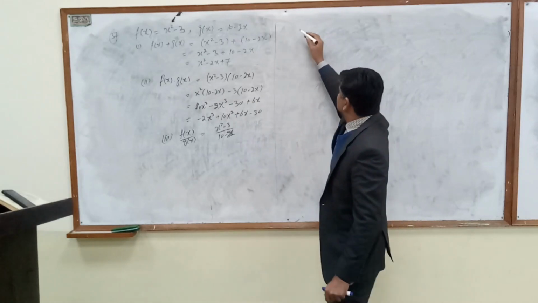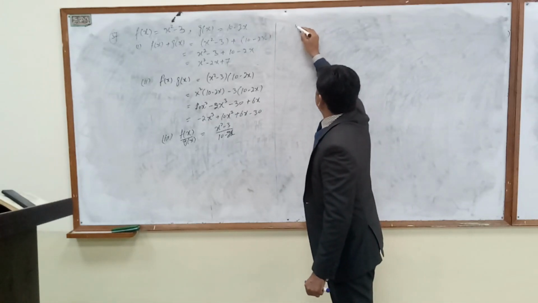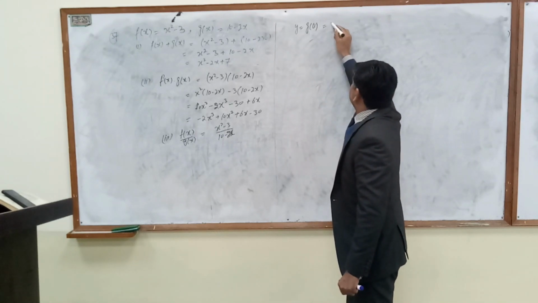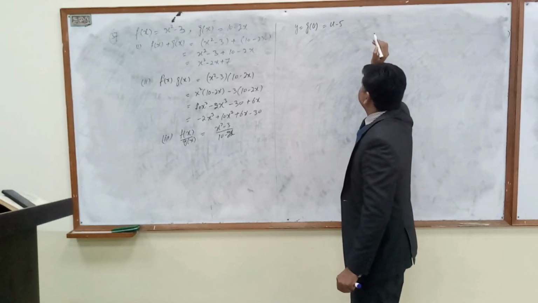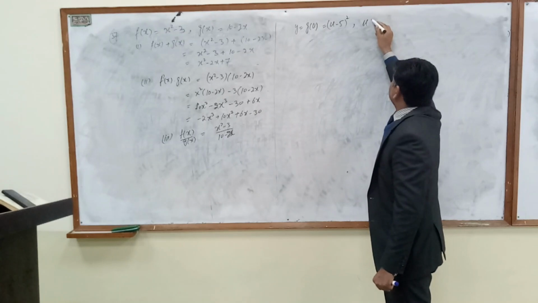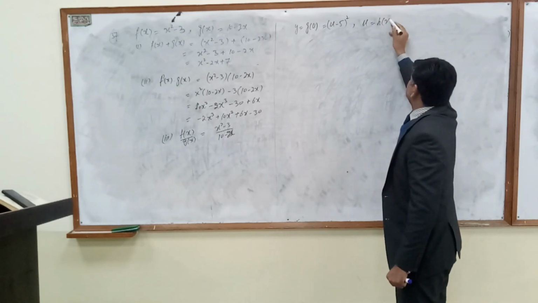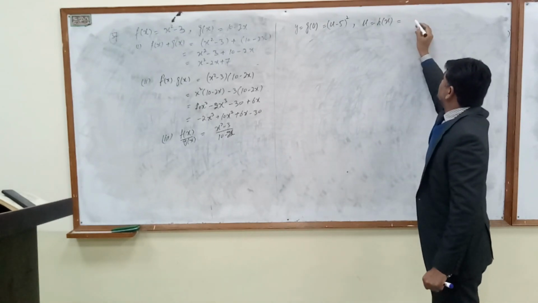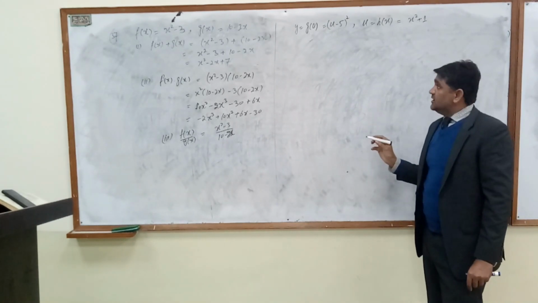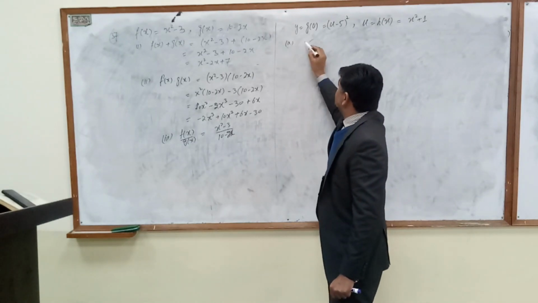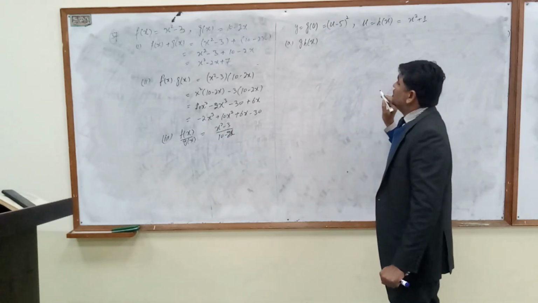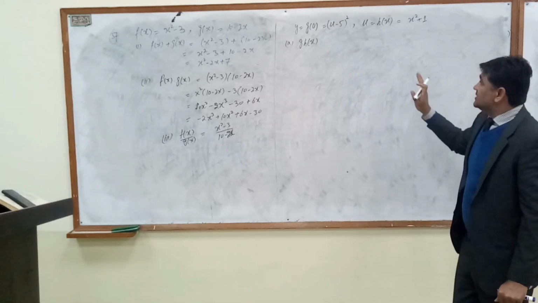Given y is equal to g of u, which is u minus 5 whole square, and u is equal to h of x, which is x square plus 1. In part A, g into h of x.